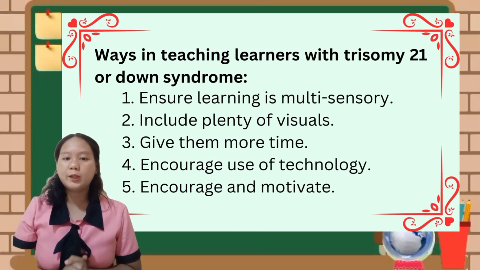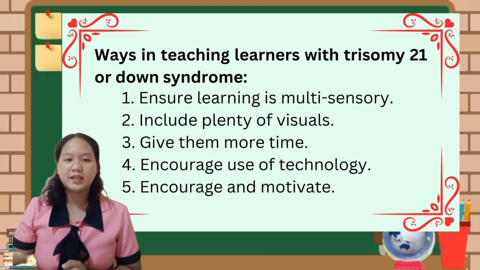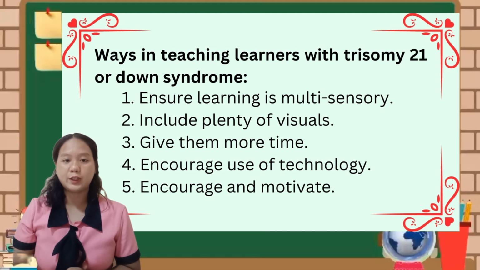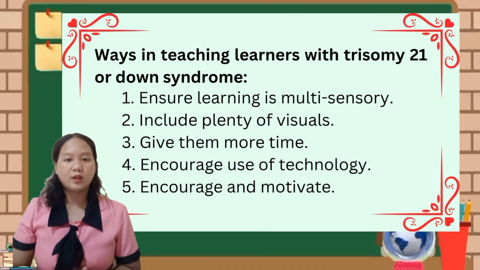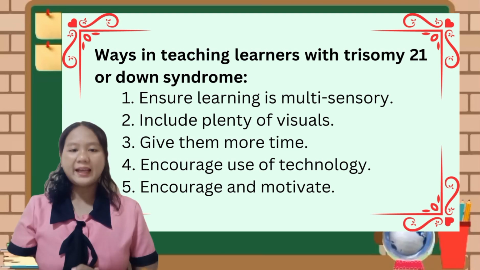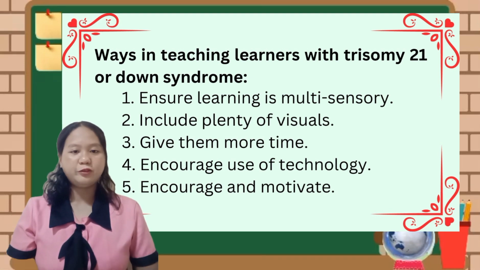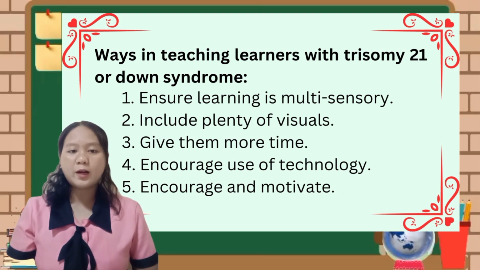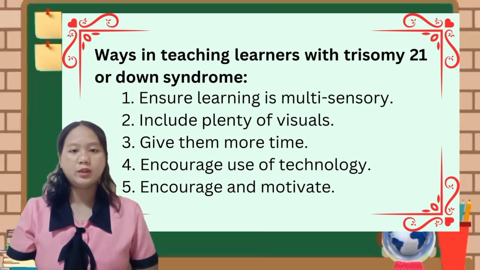First, ensure learning is multisensory. Material that's presented in diverse sensory channels and includes auditory, visual, and tactile elements may be easier for a student with Down syndrome to absorb. Second, include plenty of visuals. Students with Down syndrome tend to be visual learners.